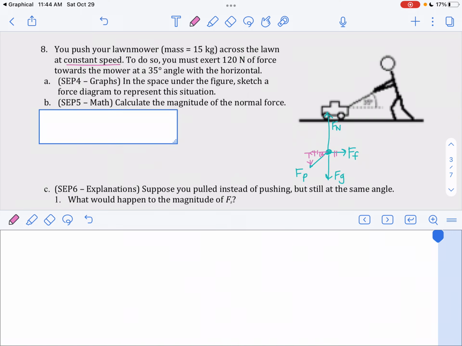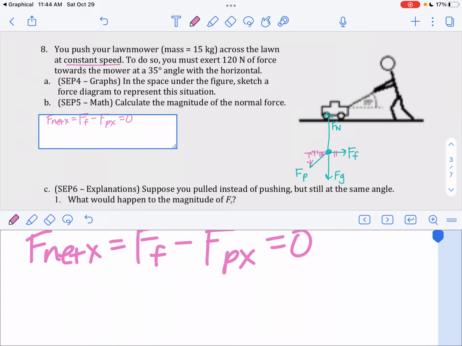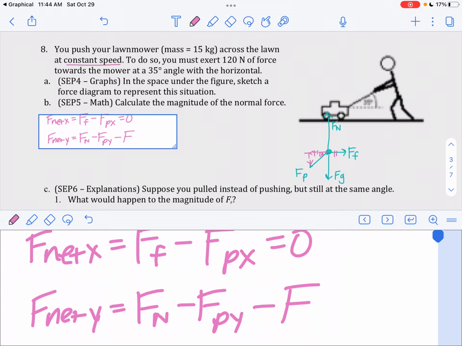Okay, I'm going to write my F net equations. So F net X is going to be equal to the force of friction minus FPX. And again, they balance each other out because it's a constant speed. F net Y is going to be Fn minus Fpy minus Fg, and that'll also balance out to be 0 because it's not accelerating.